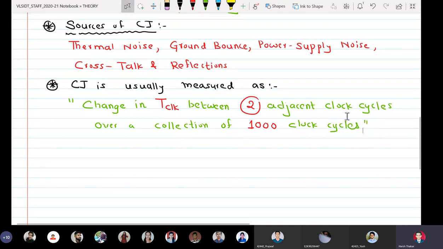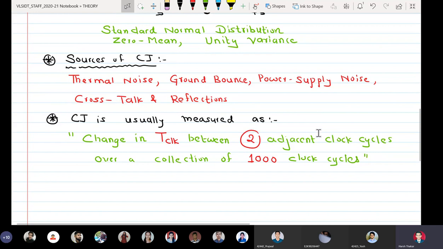Okay, so clock jitter is usually measured as change in the time period TCLK between two adjacent clock cycles over a collection of 1000 clock cycles.